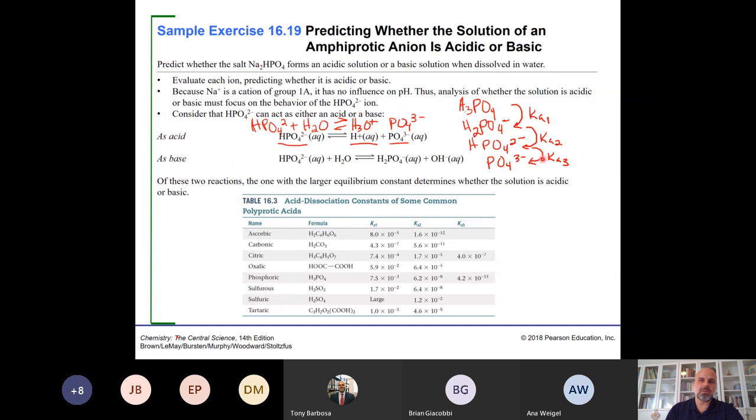So we're going to look at Ka3, but the other part that we need to calculate, and we're going to need to figure out on the next slide, is if we look in the opposite direction, we have the Kb, I'll call that Kb2. Kb2, we have the base dissociation constant going in the opposite direction.